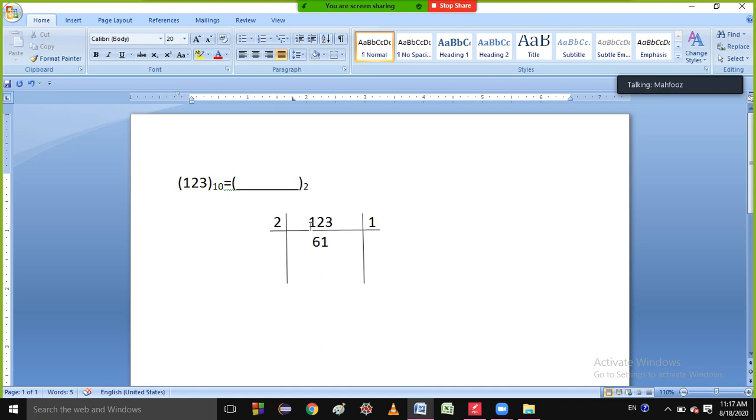Not got it? Listen. 123. If you divide 123 by 2, then how many times will this go? How many times? 1 time? You don't know how to divide 123 by 2.